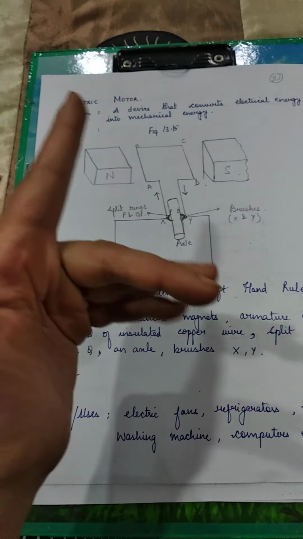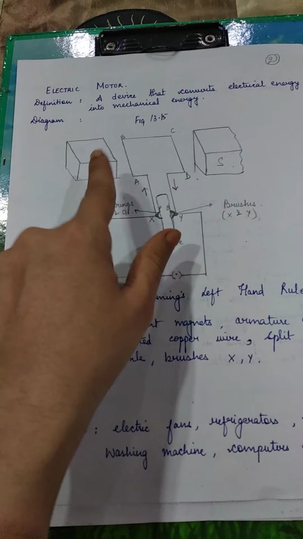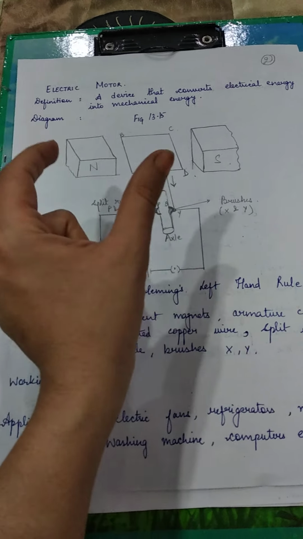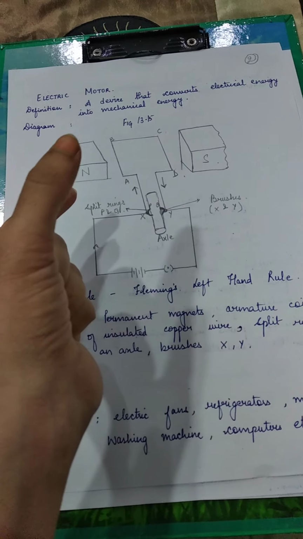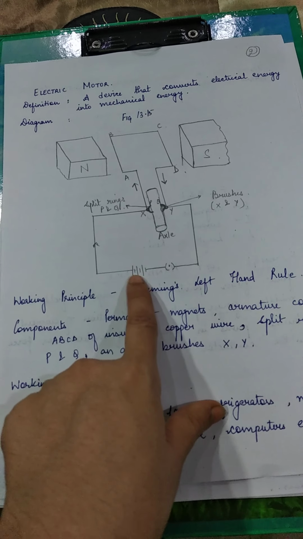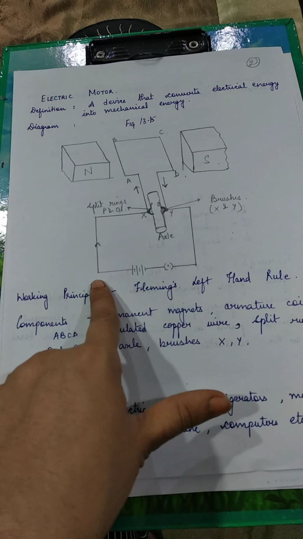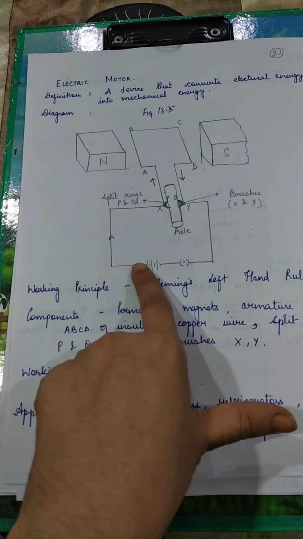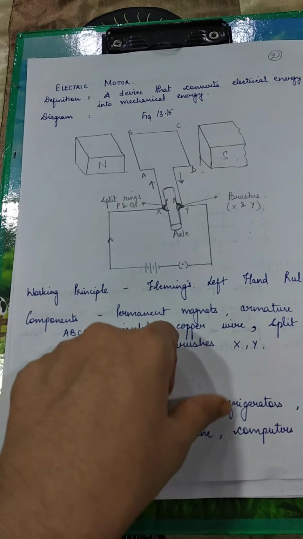With Fleming's left hand rule, as we already know, we have to find out the direction of rotation of this armature. The electric current has been produced, and due to this electric current, some magnetic properties will be there.